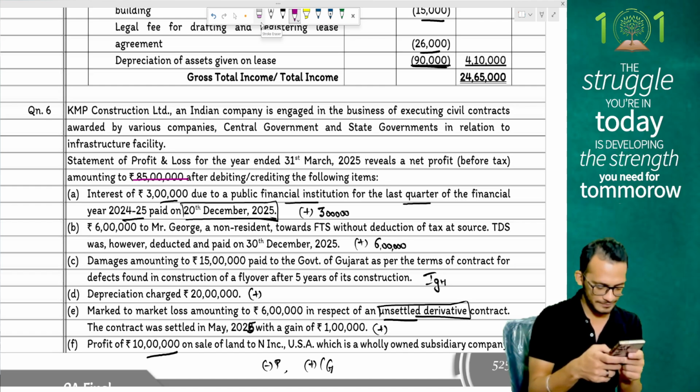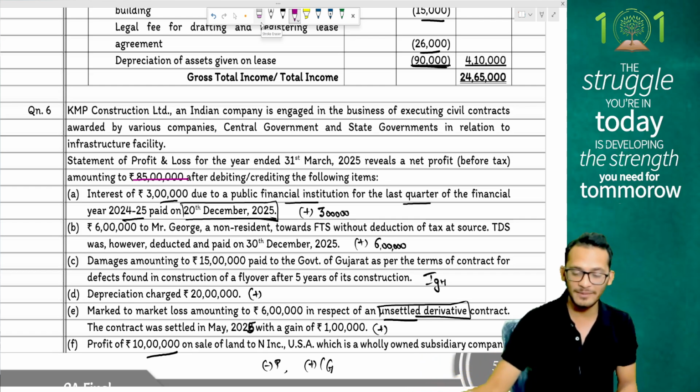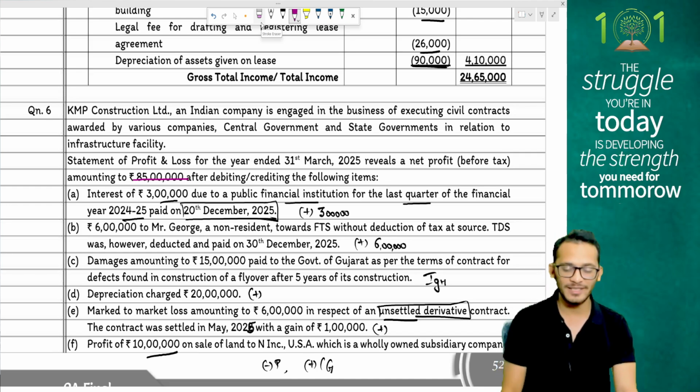First the side heading. Payment of damages in three words. I want to mention damages to government.